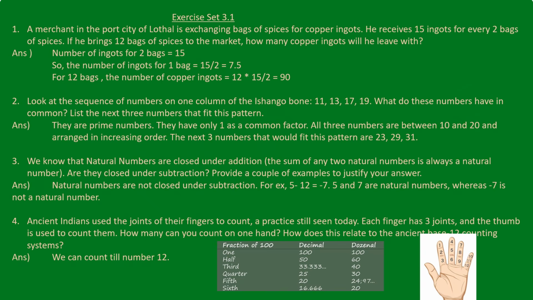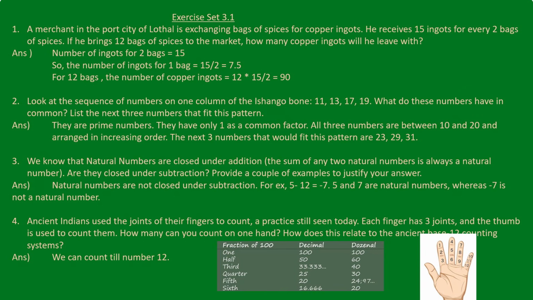11, 13, 17, 19. Looking at these numbers itself, we can find out that these represent the prime numbers. What is the quality of a prime number? The prime numbers have only 2 factors, the number itself and the number 1. So all these 4 numbers share the common quality that each one of them has a common factor which is nothing but 1.